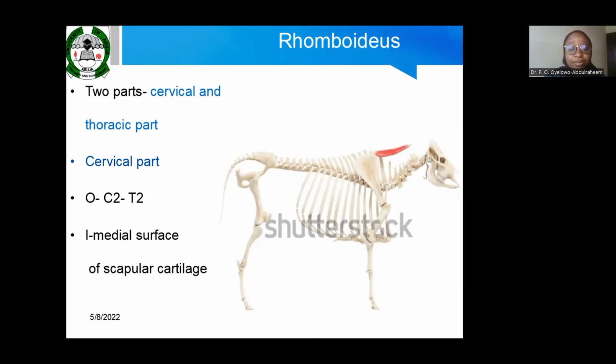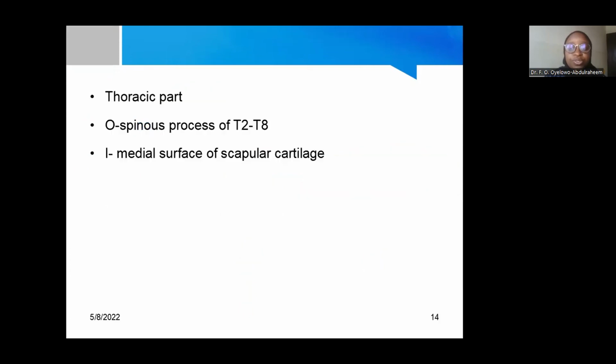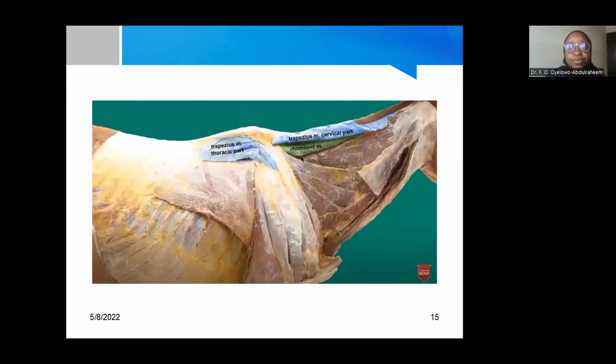The thoracic part of the rhomboideus originates from T2 to T8, that is the second thoracic to the 8th thoracic vertebra. It also inserts on the medial surface of the scapular cartilage. From this diagram, you can see the trapezius muscle, the cervical part, thoracic part, and the rhomboideus lying next to the trapezius.